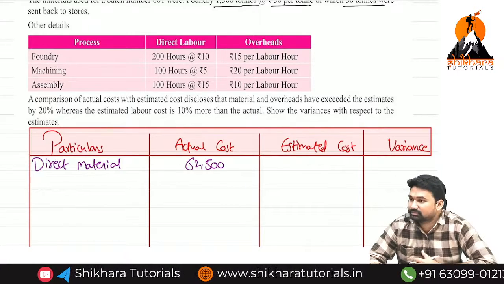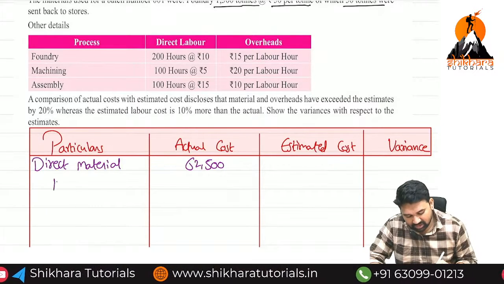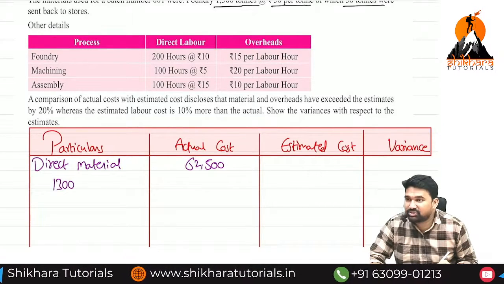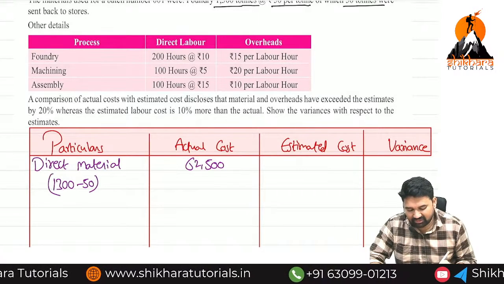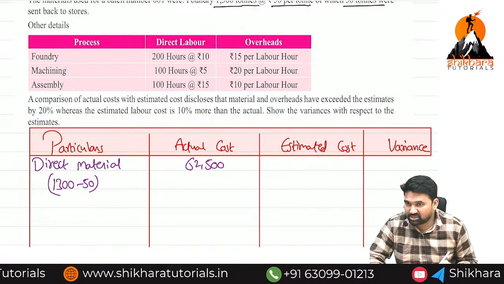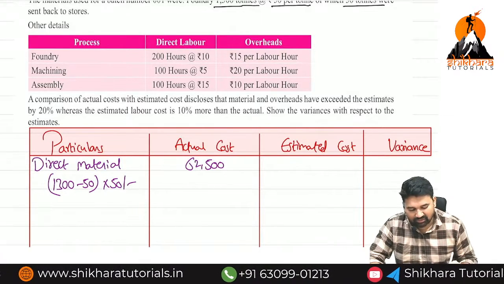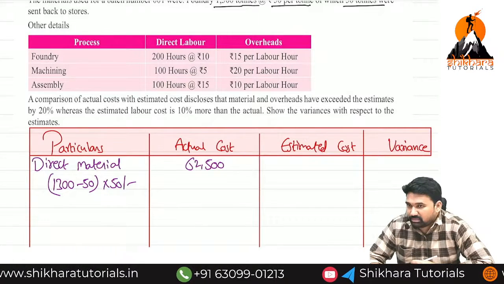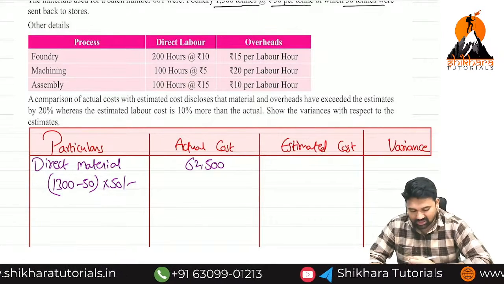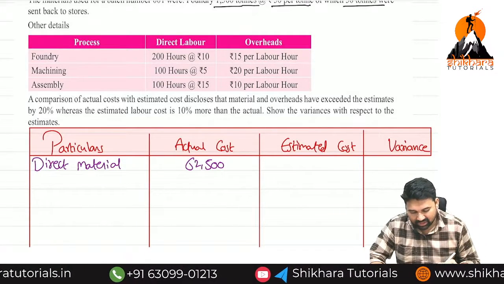How I arrived at 62,500: 1300 tons issued, out of which 50 tons I gave back. That means 1250 tons, each ton is 50 rupees. Very simple. So this is the calculation behind direct material.